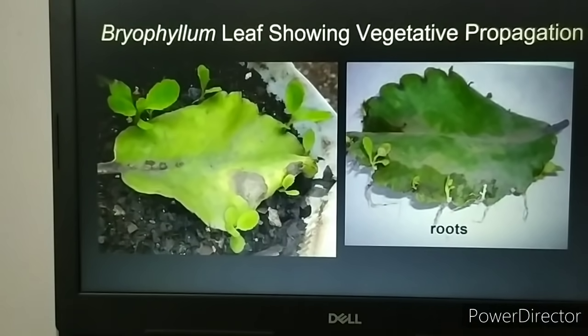We'll observe a new shoot, or a tiny plantlet, growing out from the epiphyllous bud. So this proves that vegetative propagation by leaves occurs in Bryophyllum.